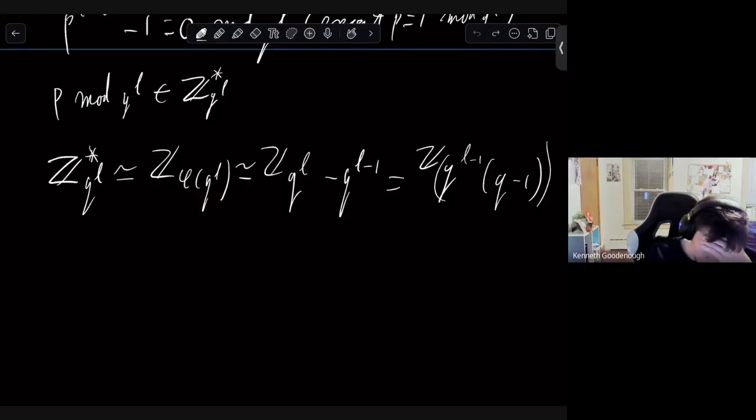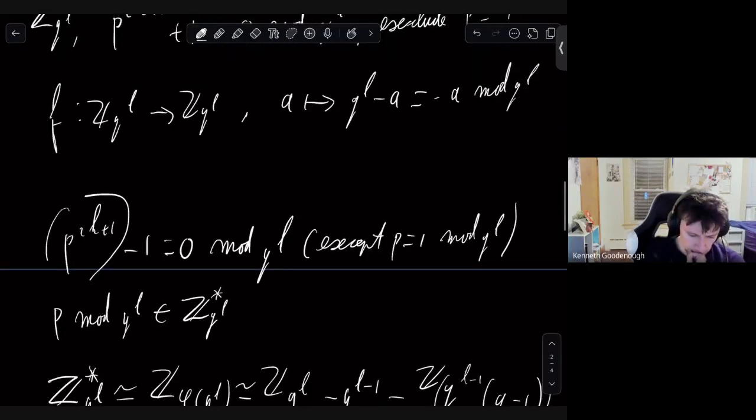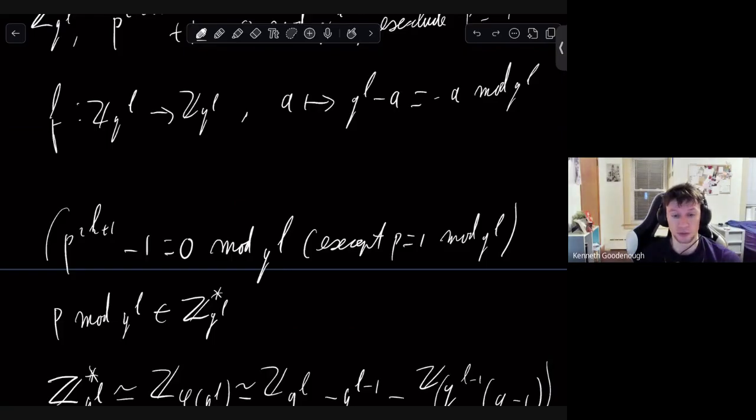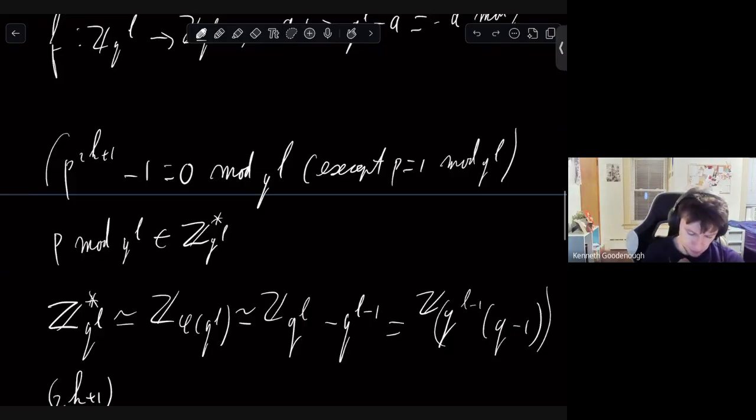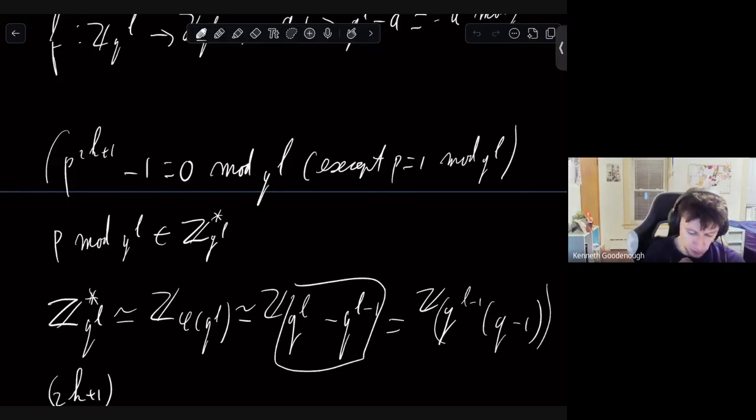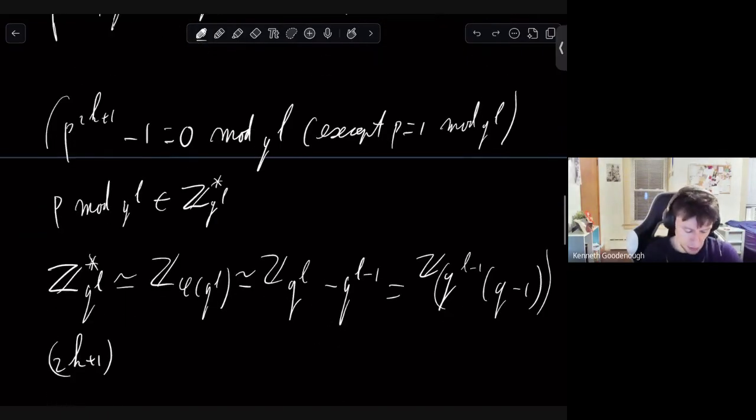Oh, sorry, that's stupid notation. We have 2k plus 1. That's the exponent that we have here. And then, since we know we have the structure of a cyclic group, we can phrase everything just in terms of the integers modulo q to the power l minus q to the power l minus 1.